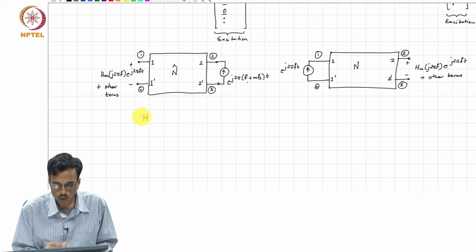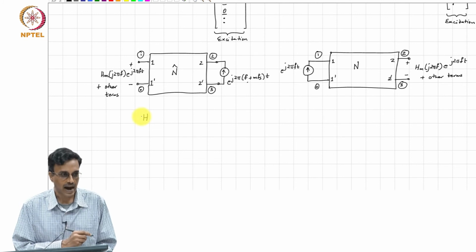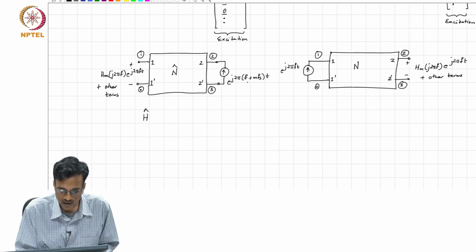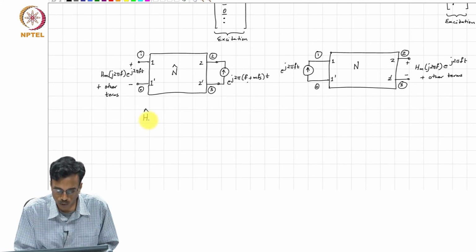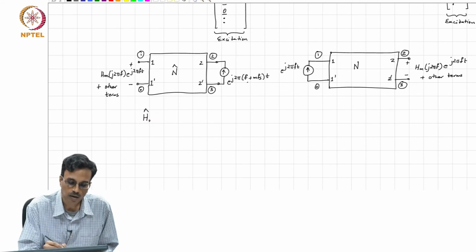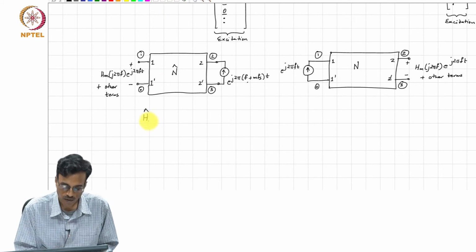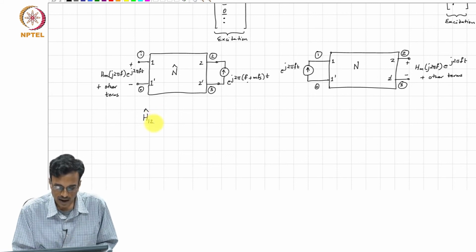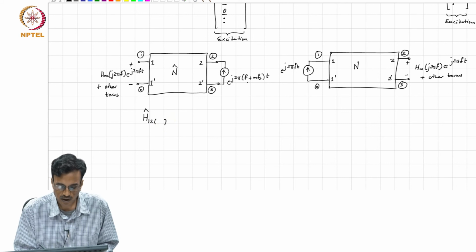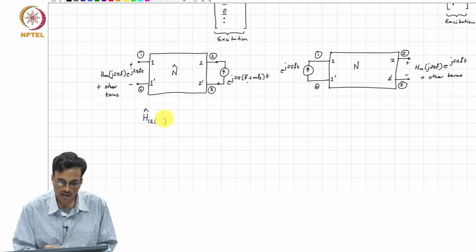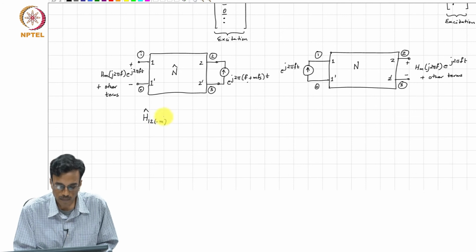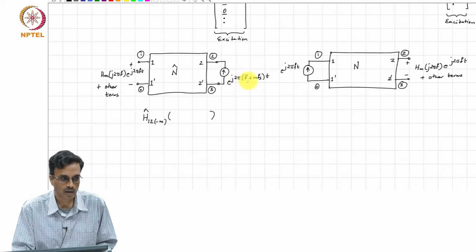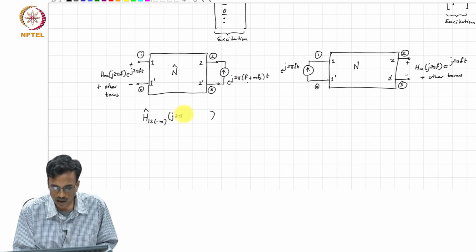If you look at the network n hat, that is the harmonic transfer function from the output port, h hat, the output port is 1, the input port is 2, and what is the index of the harmonic transfer function? Minus m, of what frequency? That is j2 pi f plus mfs.